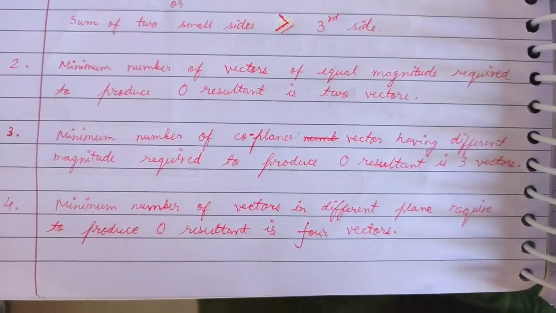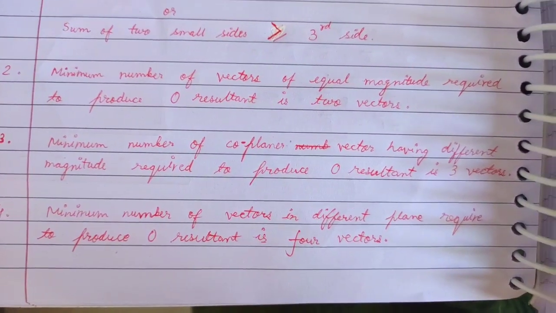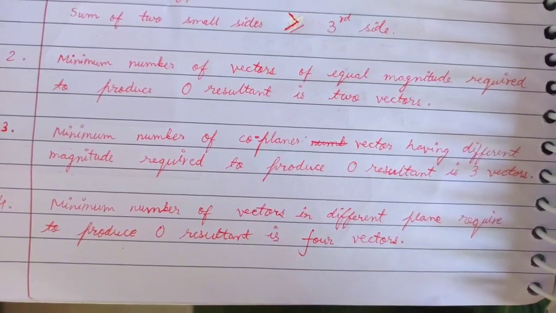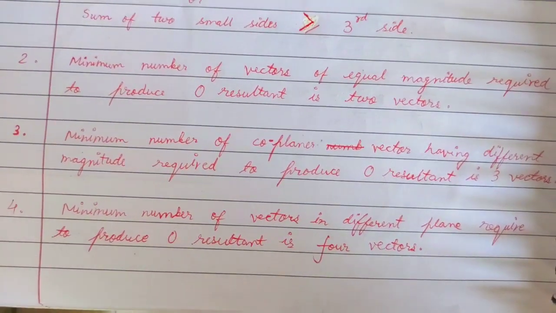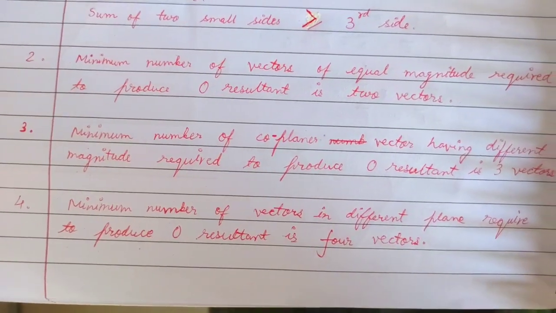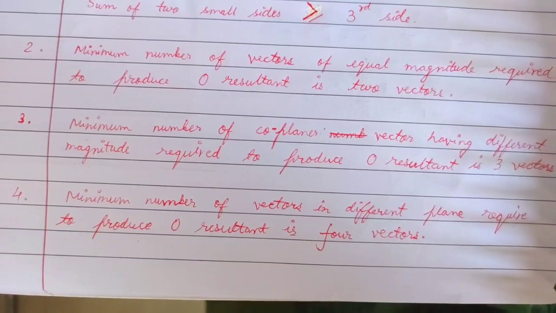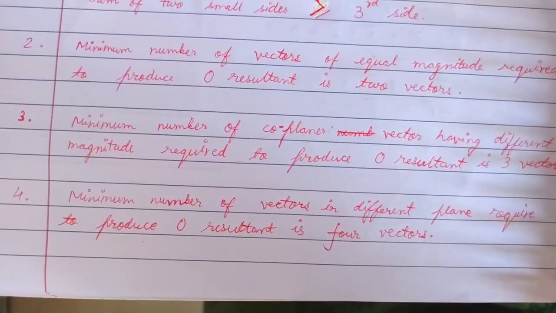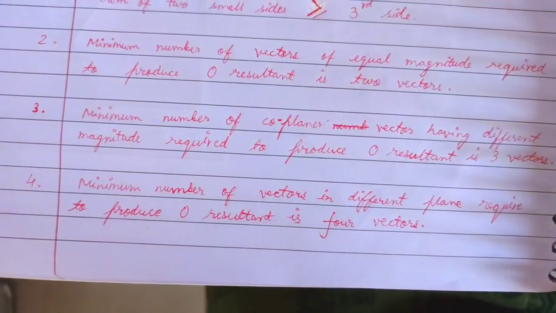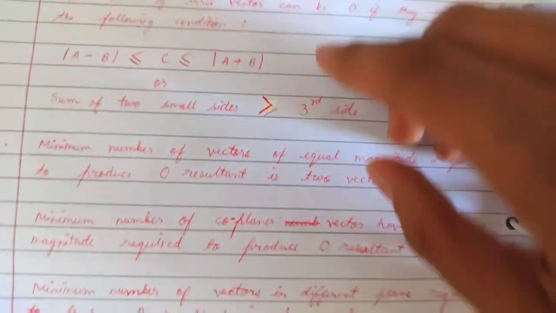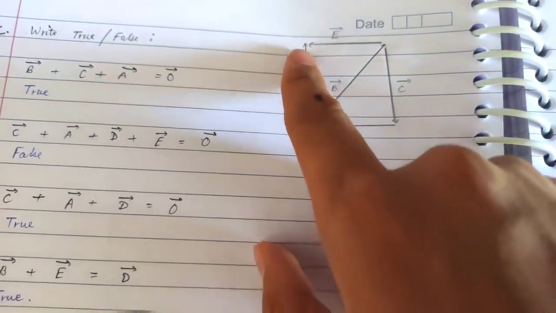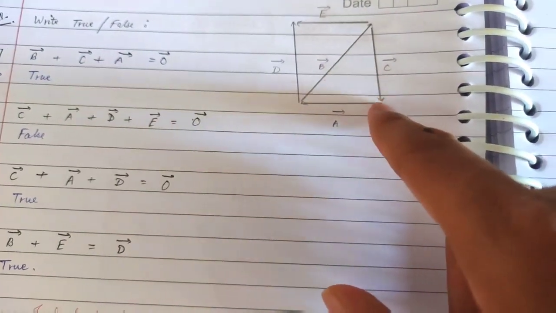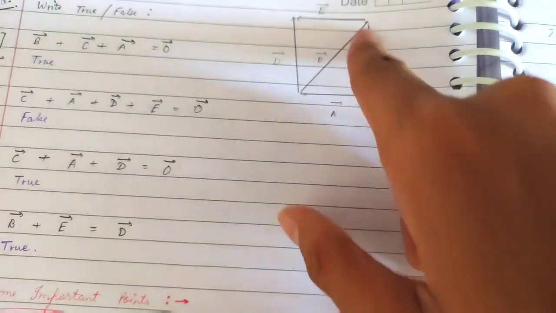Now, the fourth point is that the minimum number of vectors in different planes required to produce 0 resultant is 4 vectors. Suppose we have 3 axes, i cap, j cap and k cap. If we want to produce a resultant of 0, and the vectors are in different planes, then we at least require 4 vectors. For example, leave this third vector, just these 2: vector A and vector C. These 2 are in the same plane.